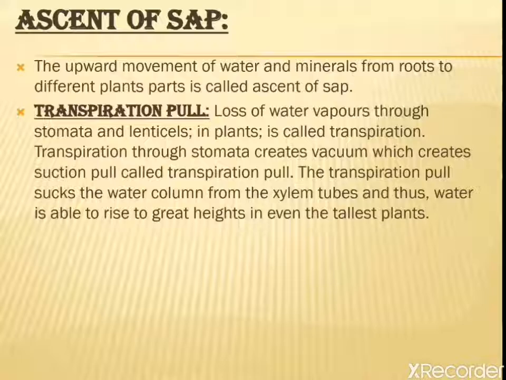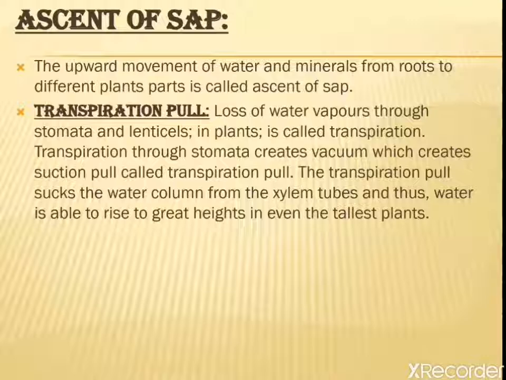Transpiration pull. Now the word comes transpiration. Transpiration is the removal of excess water from the leaves in the form of water vapors. Transpiration through stomata creates vacuum or a low pressure area in the leaves.